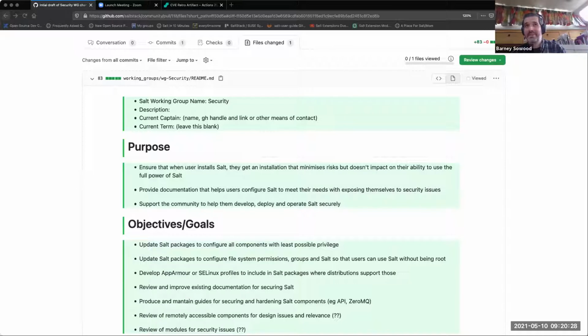Realistically, the modules within Salt that people can run, execution modules mainly, are massively varied in what they can do, and there are risks involved in giving everyone who has access to your Salt master access to specific modules.